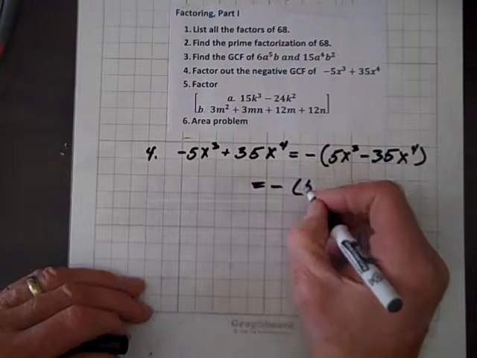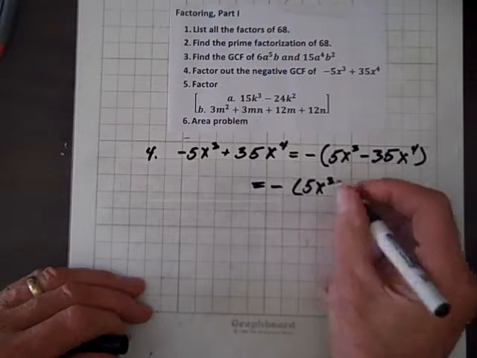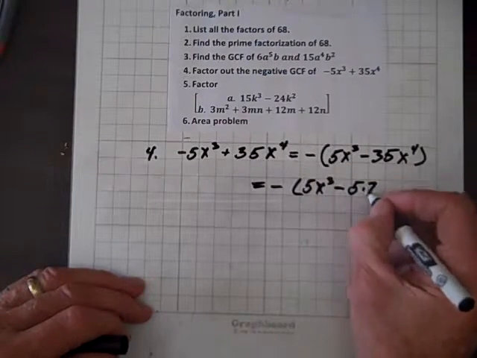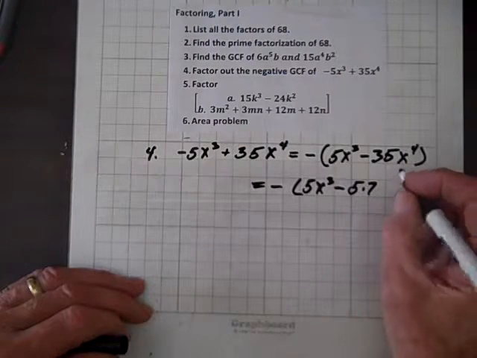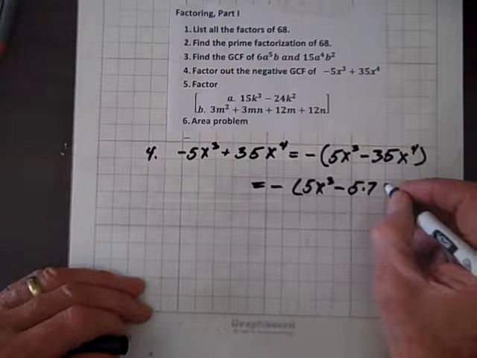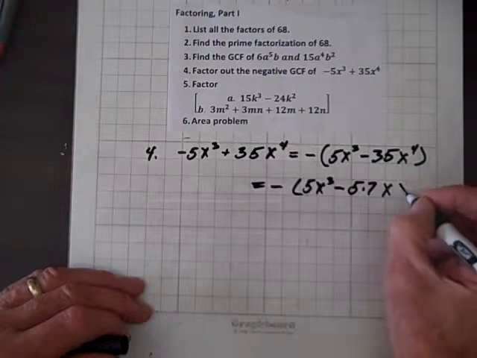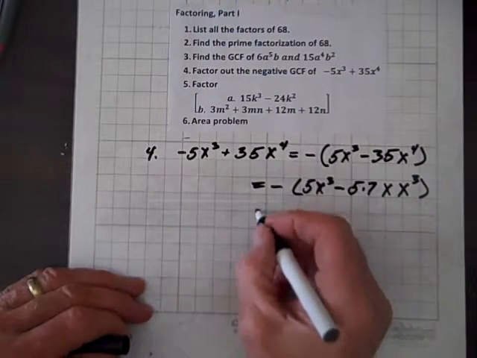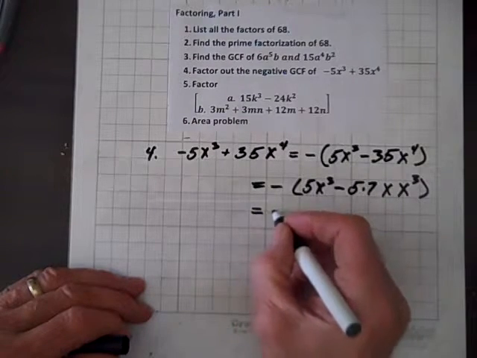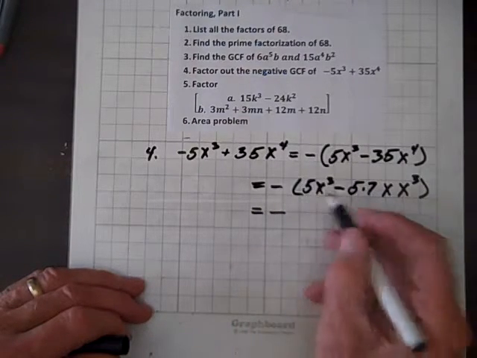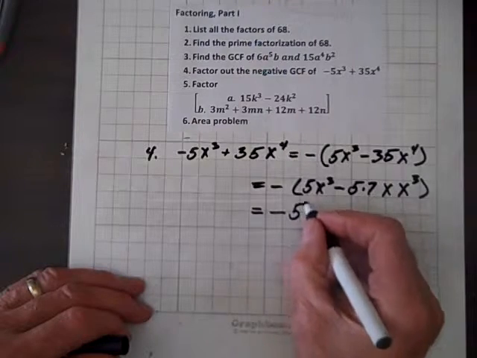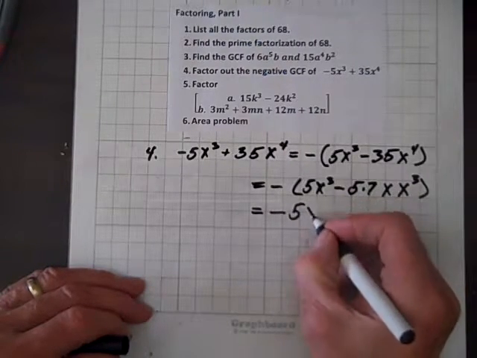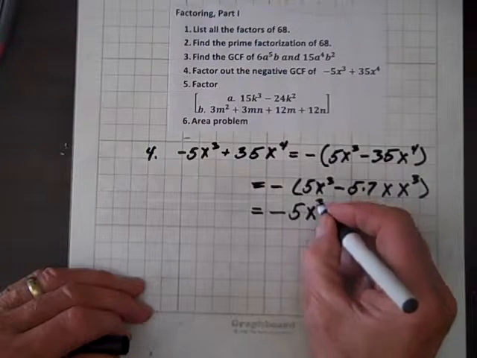So we have 5x cubed minus 5 times 7, the prime factorization of 35, times x cubed. And there's our negative, and clearly 5 is common to both terms. And also x cubed is common to both terms. So we've got that out of there.